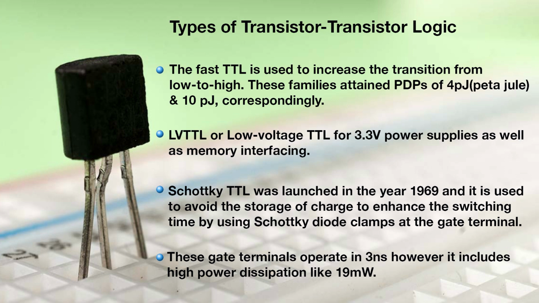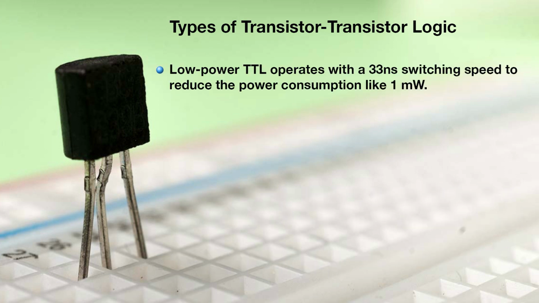This gate operates in 3 nanoseconds. However, it has high power dissipation, like 19 milliwatts. Low power TTL operates with a 33 nanosecond switching speed to reduce the power consumption to about 1 milliwatt.